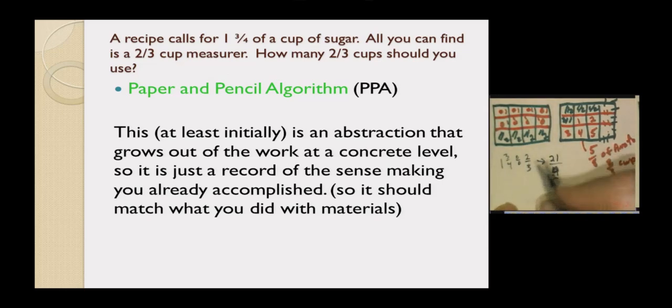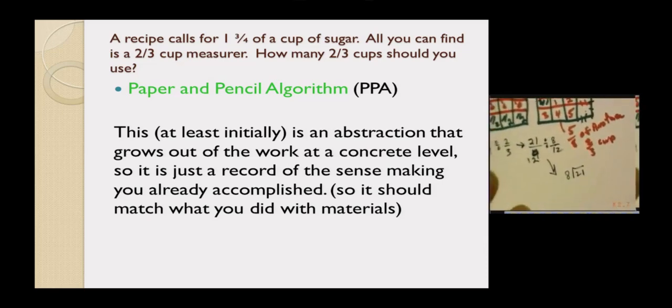And then you're dividing by 2/3, but notice 2/3 is 8 12ths. So I want to know how many groups of 8 12ths I can get out of 21 12ths. Well, how do I figure that out? You want to know how many groups of 8 I can get out of 21. And kids are used to doing that.